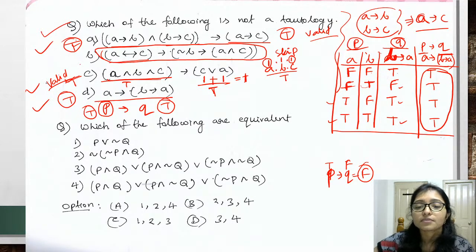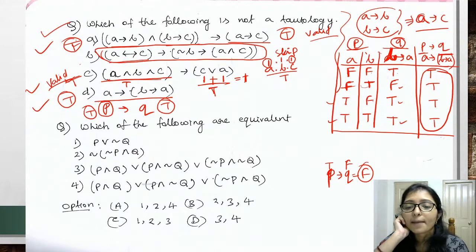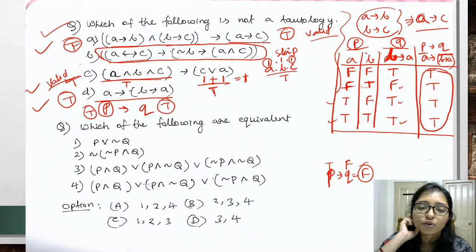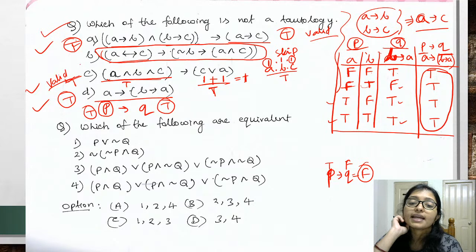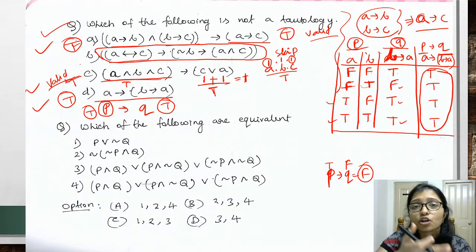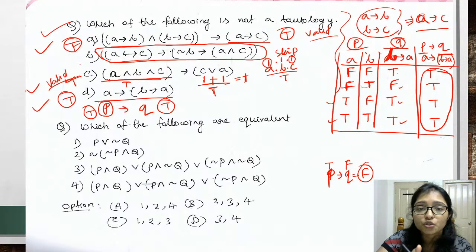How true, ma'am? From truth table. Riddhima, I think you did not watch the recording, okay? We can also apply rules also. Truth table we have discussed in the first class, in the last class, and yesterday also I told you, if in truth table all is coming true, then that is tautology, that is valid.